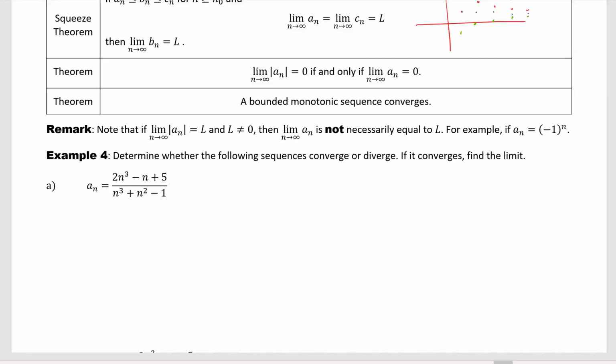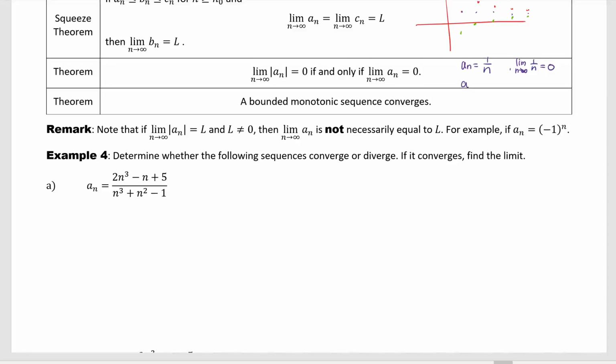So what does that mean? You can think about an example. Let's say a sub n is 1 over n. This is a sequence, right? And you can see when n goes to infinity, 1 over n goes to 0.